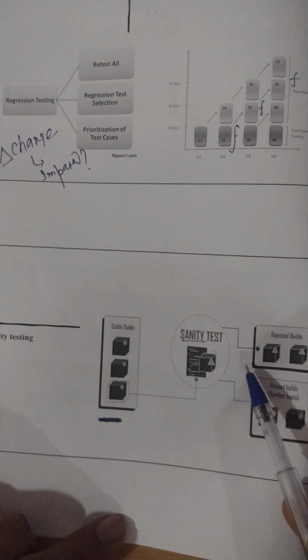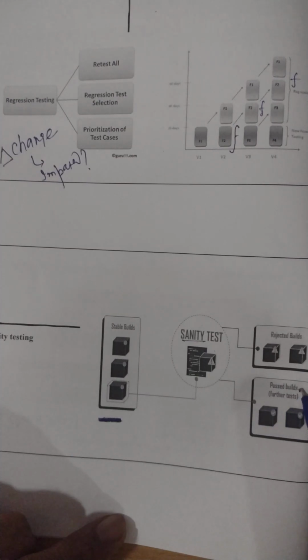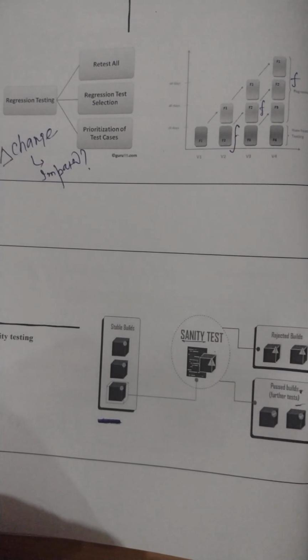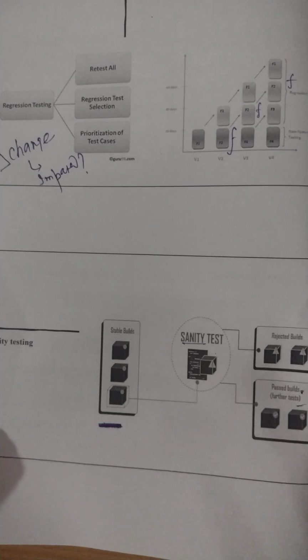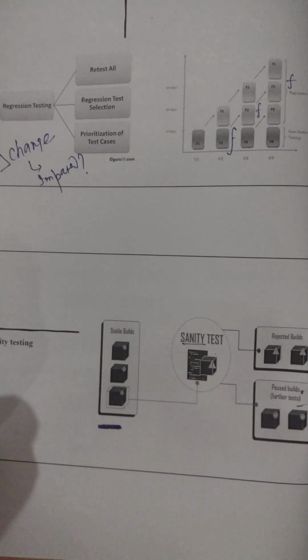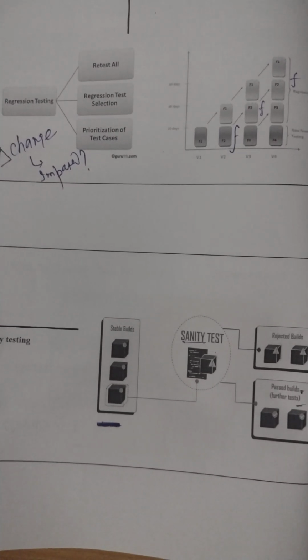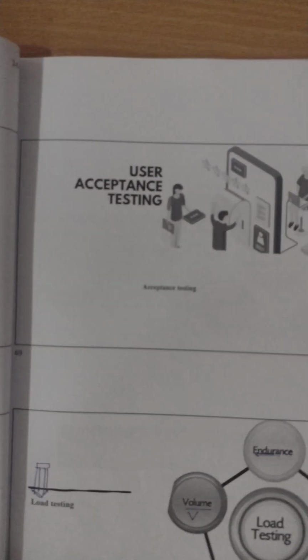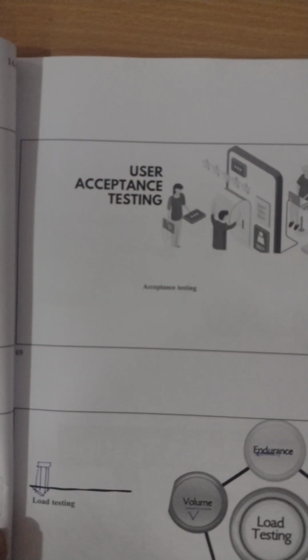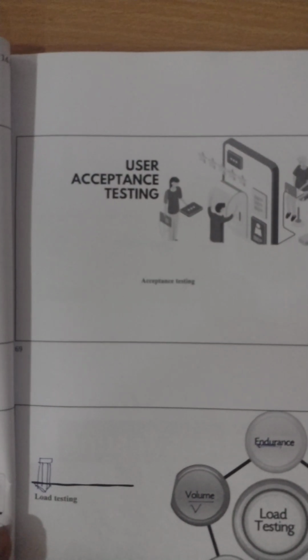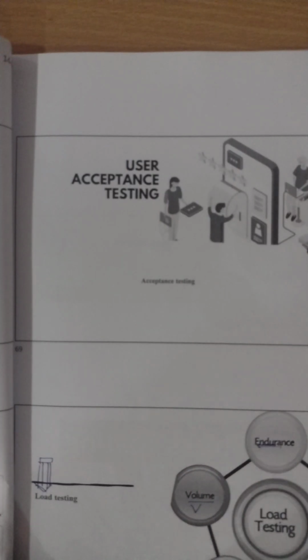If it is ready for the test, we pass the build and then go for further testing. So it is like a sanity check on whether we can go ahead with further detailed in-depth testing or not. Then comes user acceptance testing, where the user also gets involved and accepts the system or code or whatever is developed.